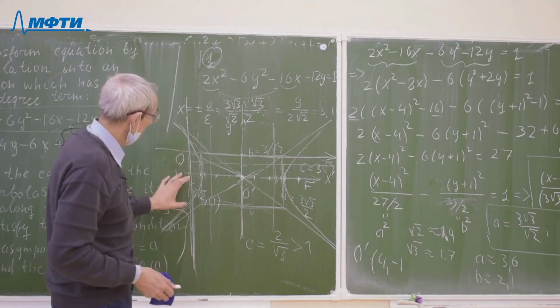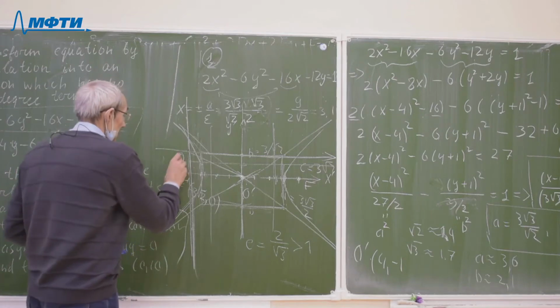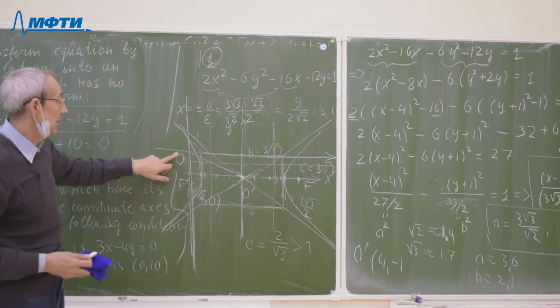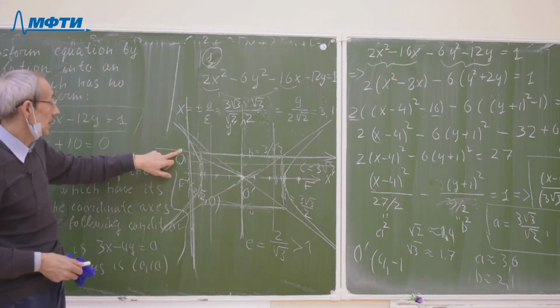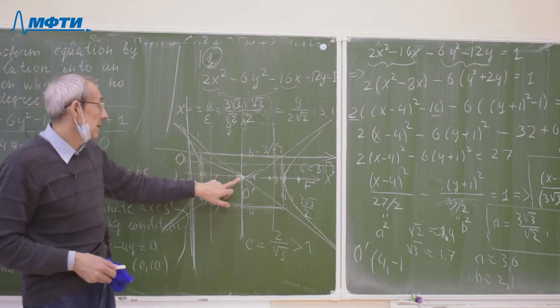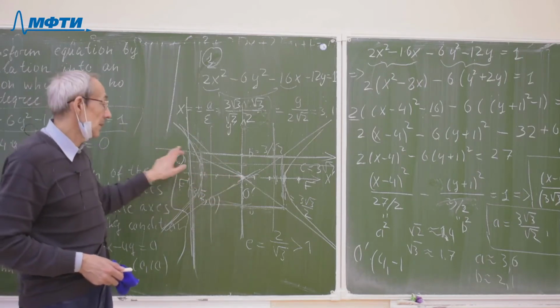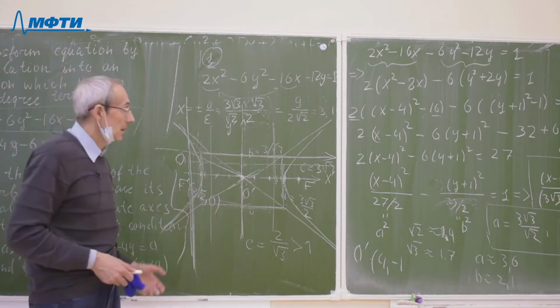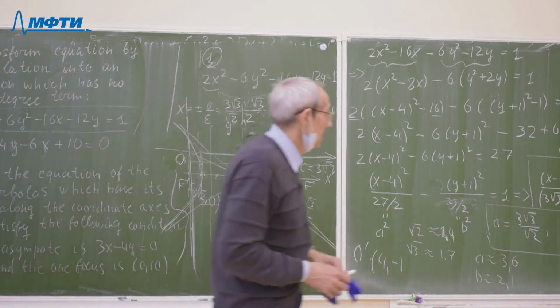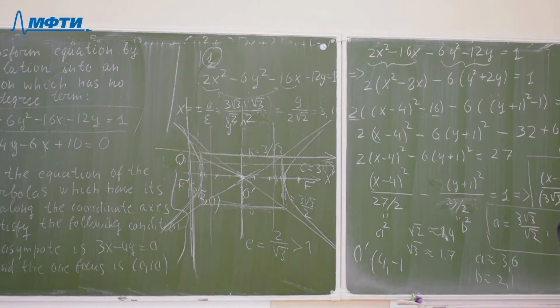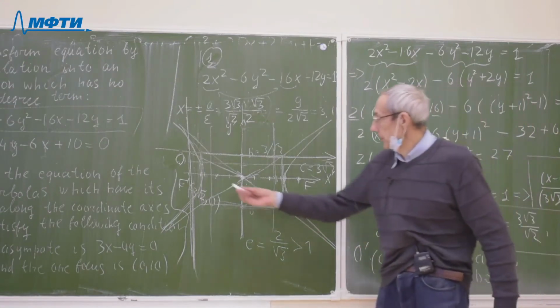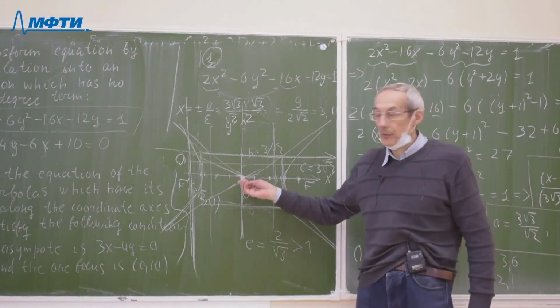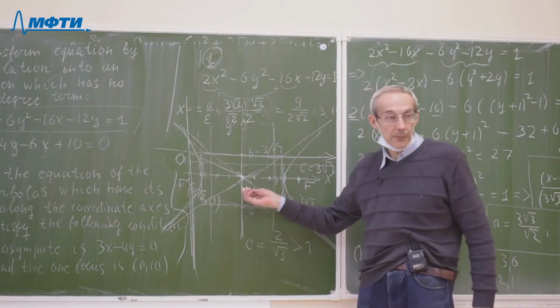But in the old coordinate system, the origin of the old coordinate system is here. The origin of the old coordinate system in the new one has coordinates minus 4, 1. And our picture must be moved in the direction of the vector O prime.